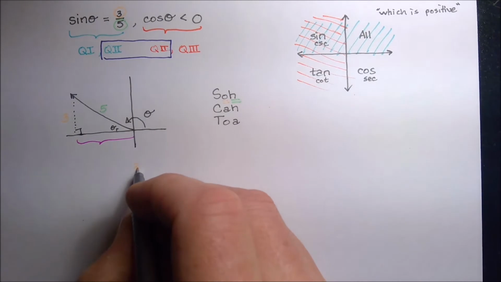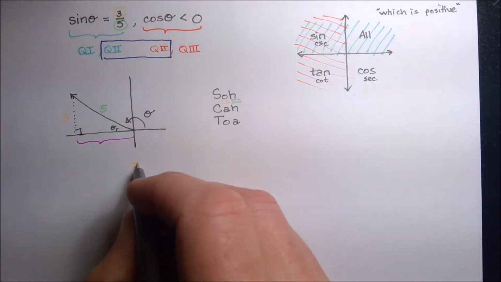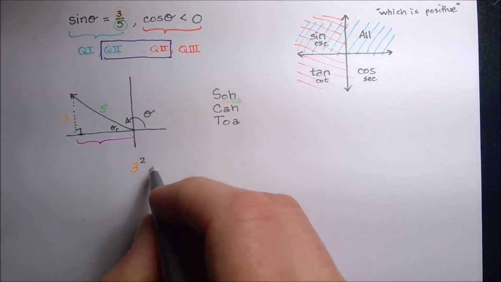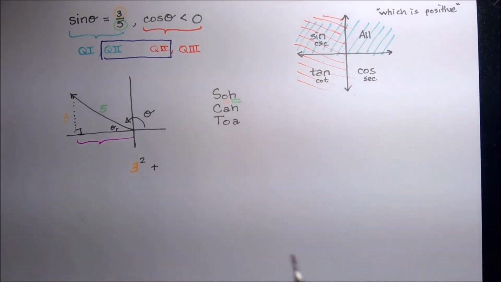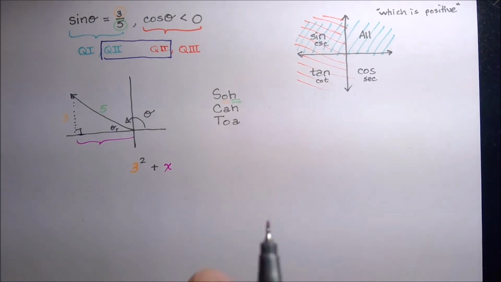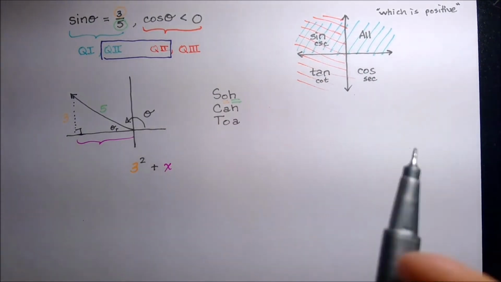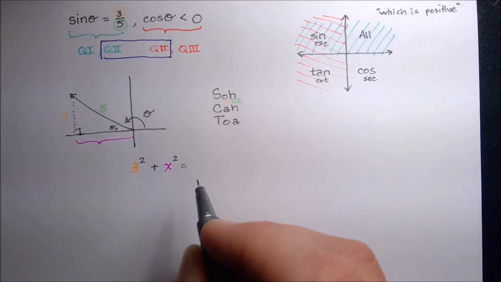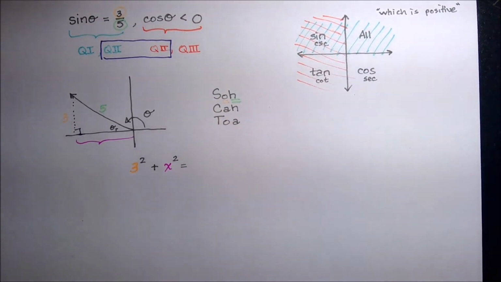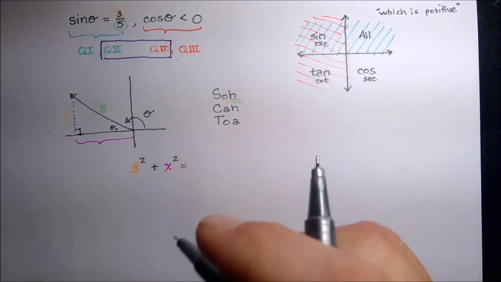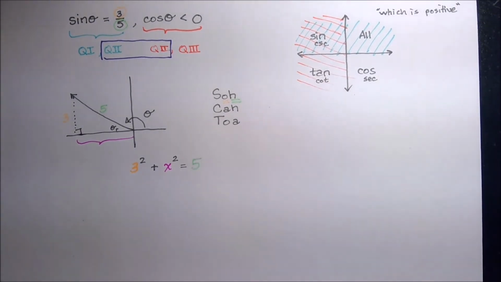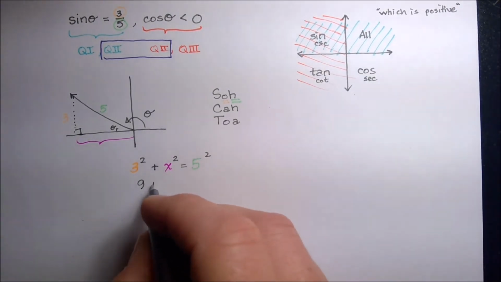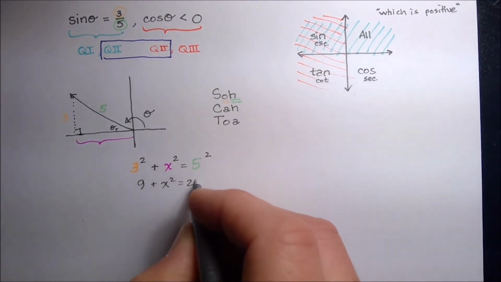So I'll say that one of the given legs squared, plus, this is the thing I'm looking for, I'll just call it x squared because it's the x value if we're thinking about x and y. So x squared should be equal to 5 squared, right? And then, of course, we've got 9 plus x squared equals 25.